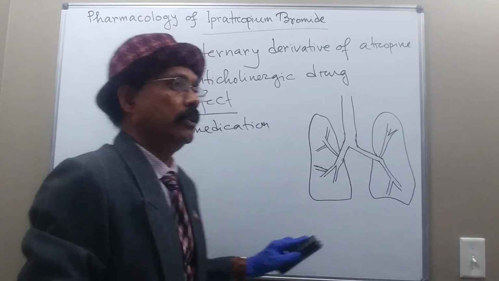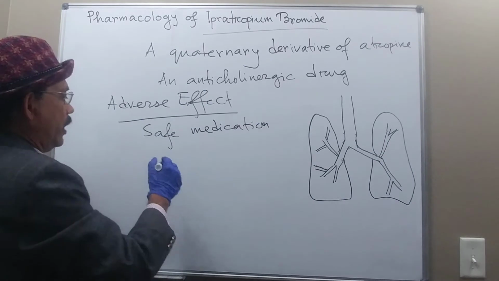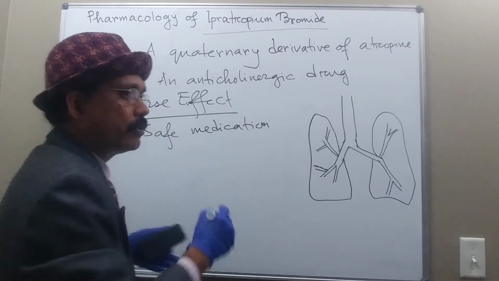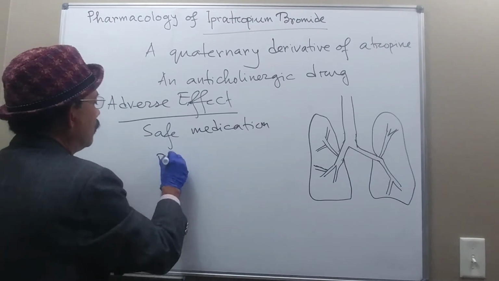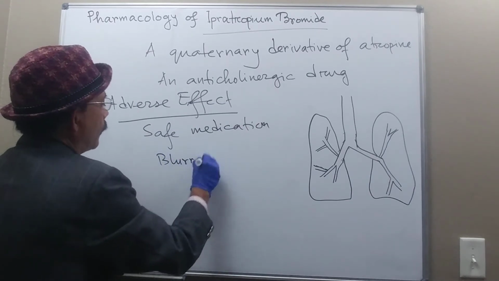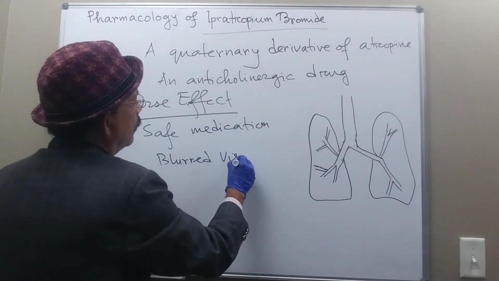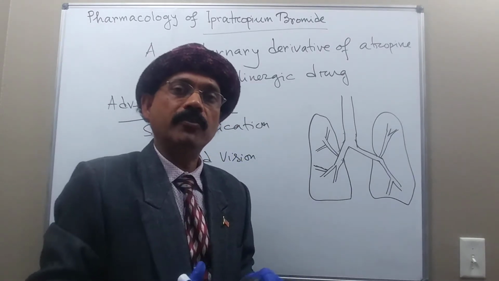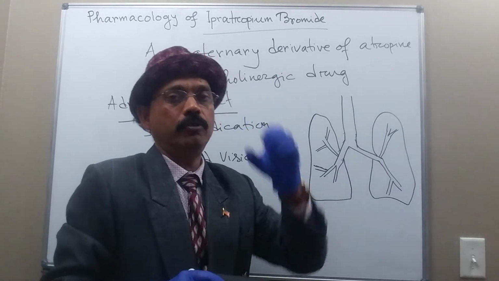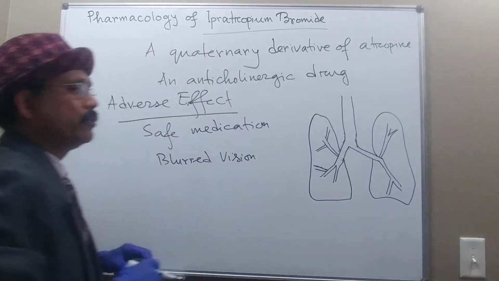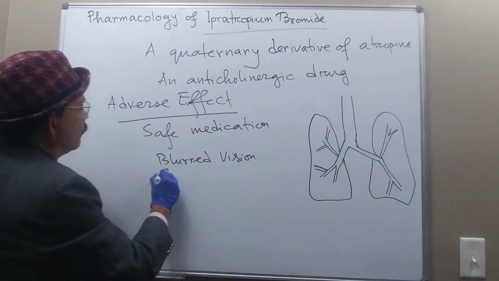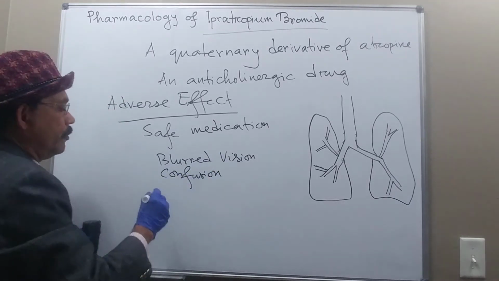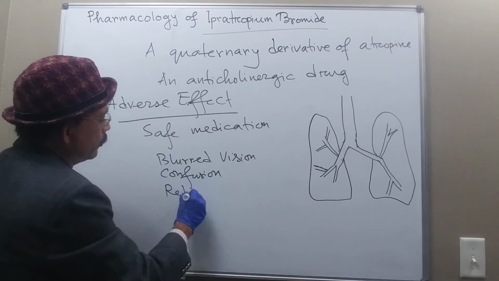We may get some type of adverse effect on a rare occasion, like blurred vision. Blurred vision happens due to mydriasis or pupillary dilatation. Maybe confusion. You may have retention of urine.